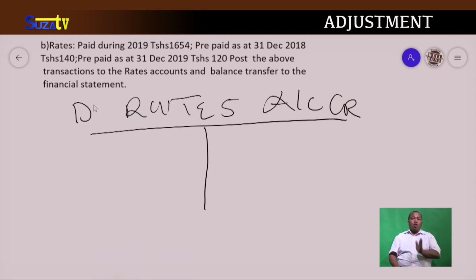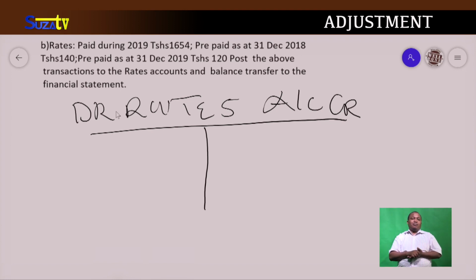Okay, now draw the account of rates, credit, debit. During the year 2019, Tanzania shillings 1,654 received by the rates account, and the prepaid as at 31st December 2018, Tanzania shillings 140. And the prepaid as at 31st December 2019, Tanzania shillings 120.